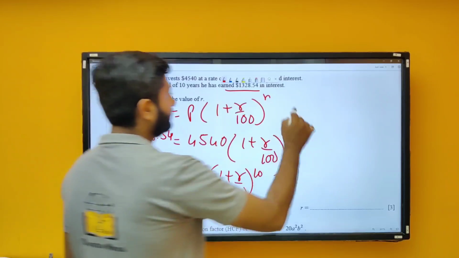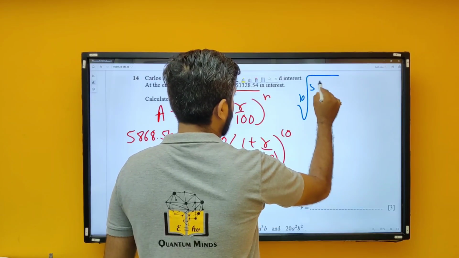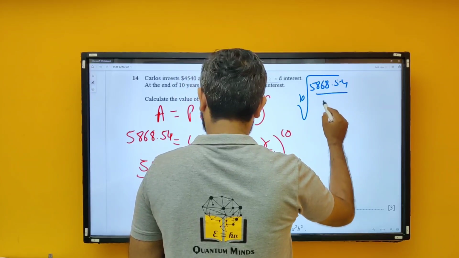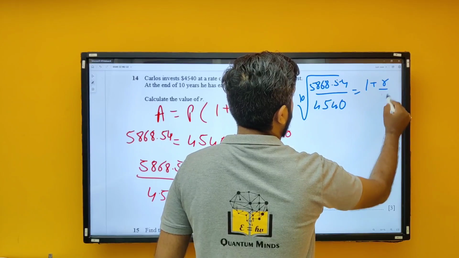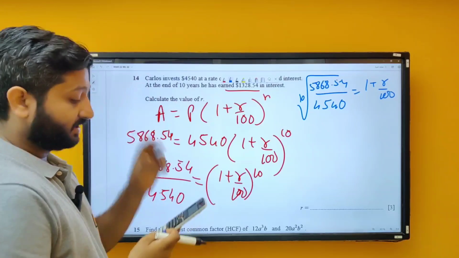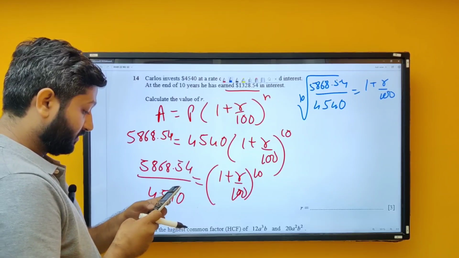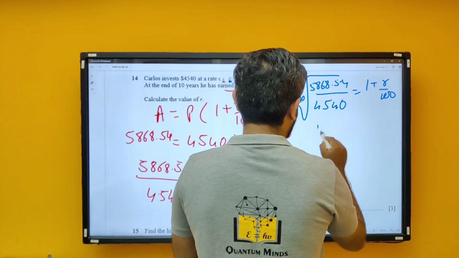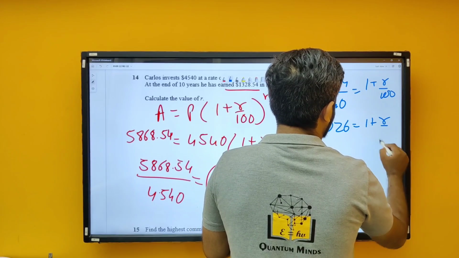I'll have to take the 10th root of this. So I have the 10th root of 5868.54 divided by 4540 is equal to 1 plus R upon 100. So 5868.54 divided by 4540, this is 1.026. 1.026 is equal to 1 plus R by 100.